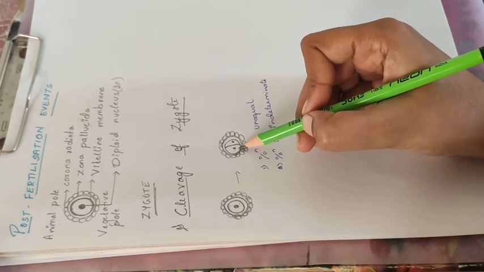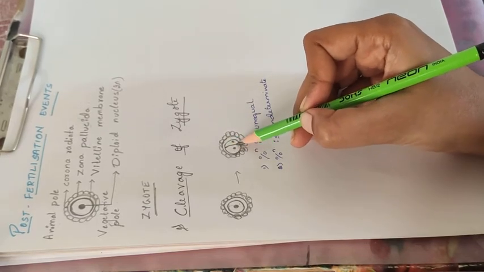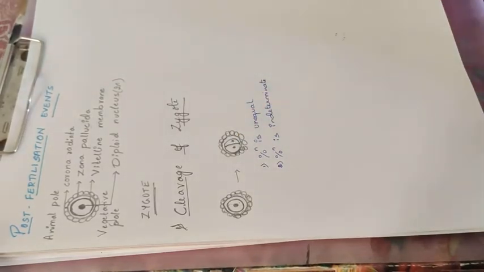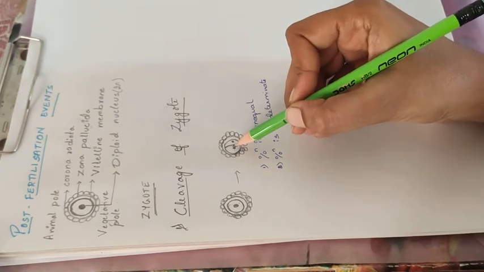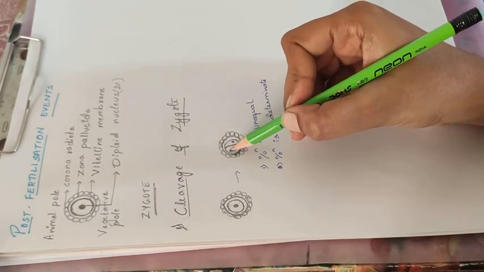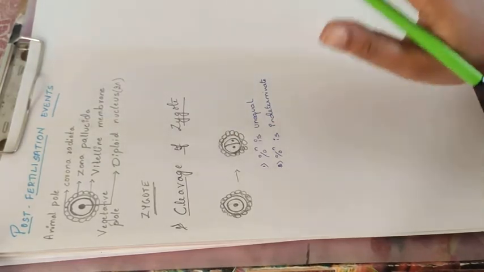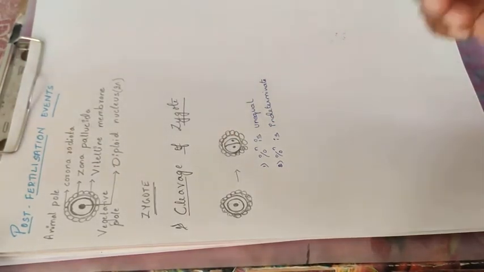This has the ability to develop into a new individual, and even this cell can develop into one more new individual. That is how you can find twins, that is identical twins. I am talking of identical twins. Each cell here can give rise to a different embryo. This is one embryo and another is another embryo. So this is the second step.